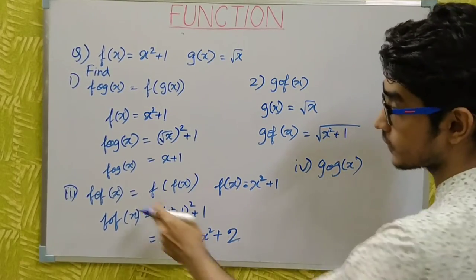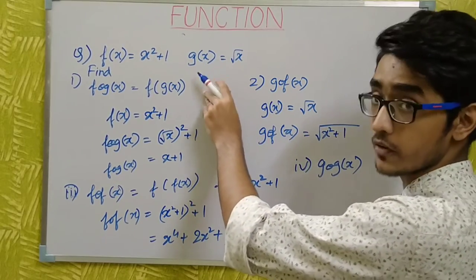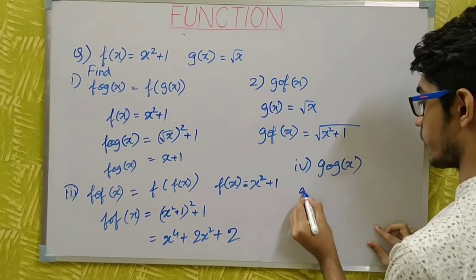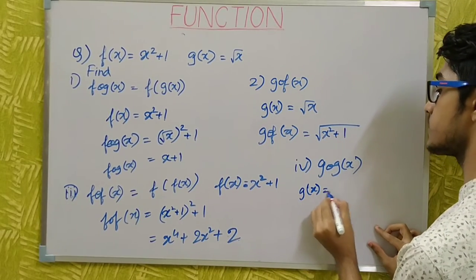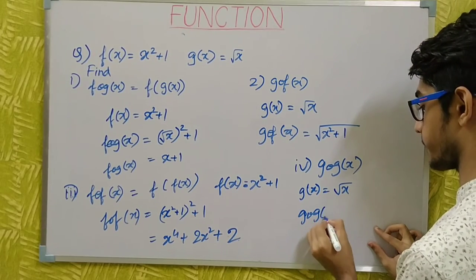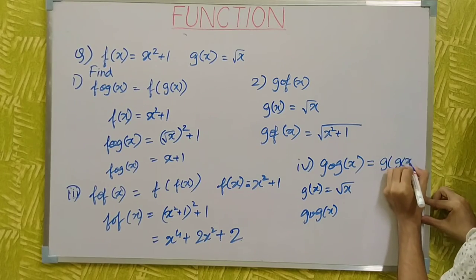Okay. Now the fourth one is gog x. It means the same as fof x, but here gog means it will be a function of gx, but in place of x we will again put gx. Now what is gx? Gx is root x. Then gog x equals g of gx.